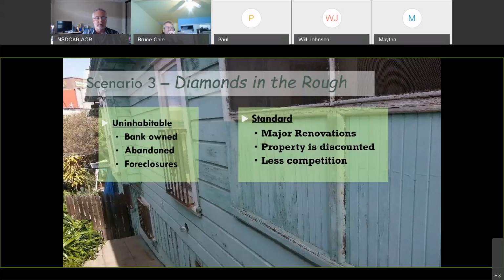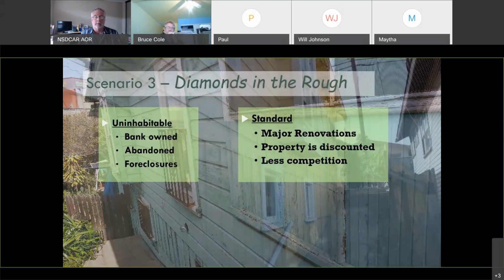If we have a buyer that is really ambitious, and this takes confidence, and if you get familiar with this process, this is what real estate investors are looking for. They want to find the worst property in the worst condition. They want to buy it at a discount because they know we can do these types of improvements.